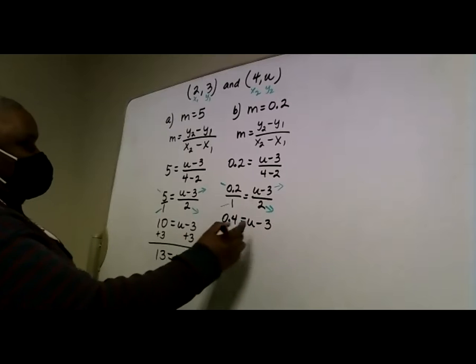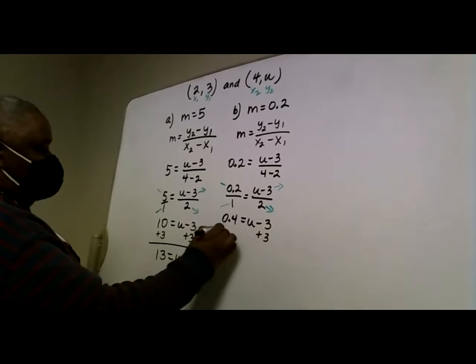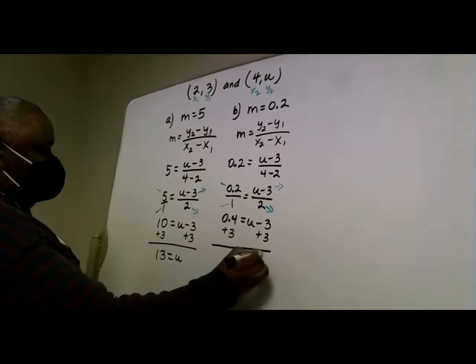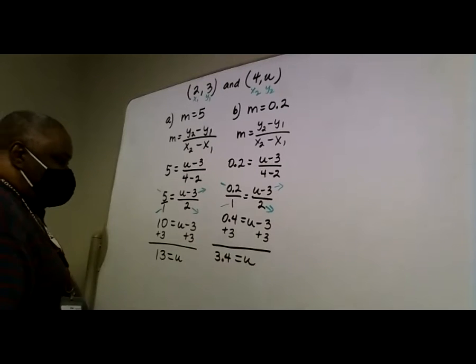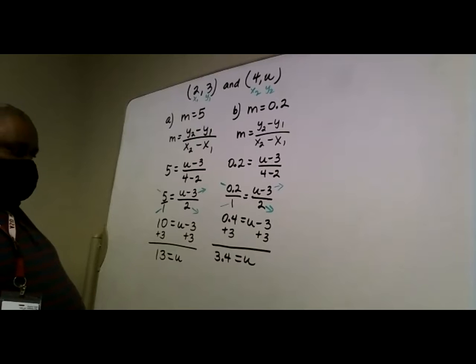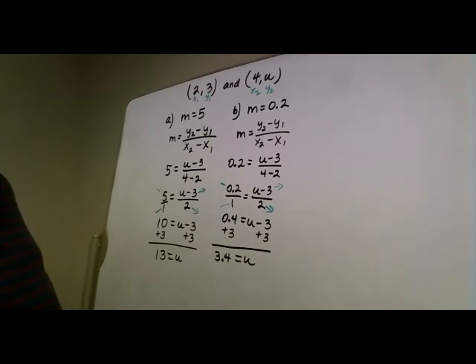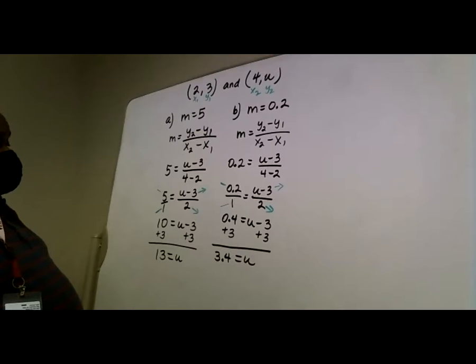And then to solve for u, we're subtracting 3, so we add 3 to both sides. That means u would be equal to, that'd be 3.4. So 3.4 would be the value of u, whereas the slope of that line would be 0.2.